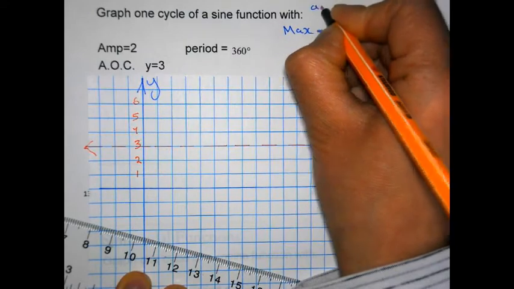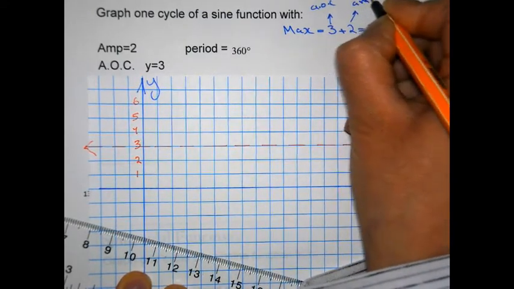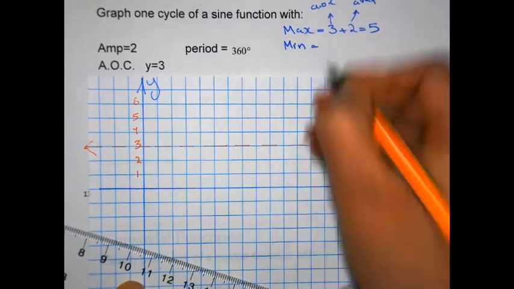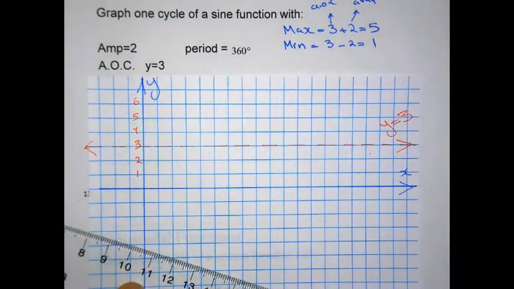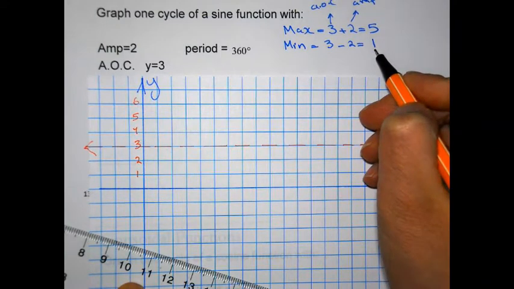And in order to find the min, you have to go 2 below the axis of curve. So that means your max will be 5, your min will be 1.